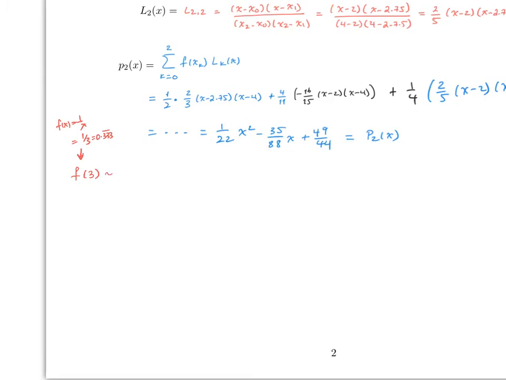So therefore, this has to be close to P2 of 3, which in our case will be 1/22 times 9 minus 35/88 times 3 plus 49/44. And once you calculate, this is around 0.032955, which you can see is very close to the exact solution.